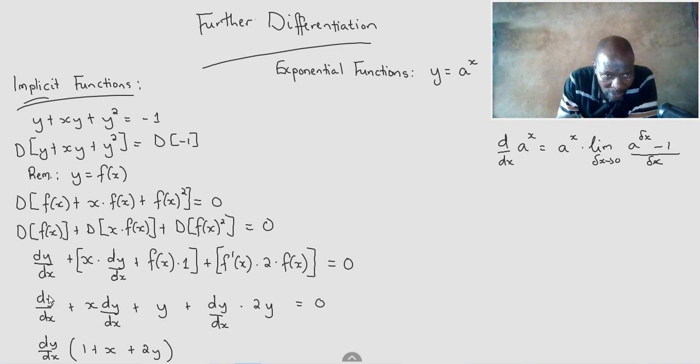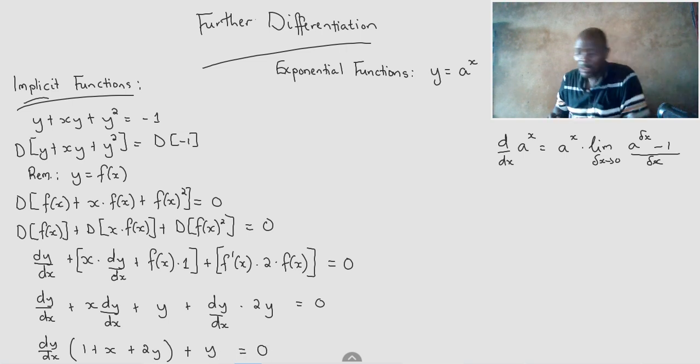Because remember, dy dx leaves us 1, dy dx leaves us x, dy dx leaves us 2y, plus y is equal to 0. We have done nothing wrong, we are still happy. I don't know if people should feel offended right now.